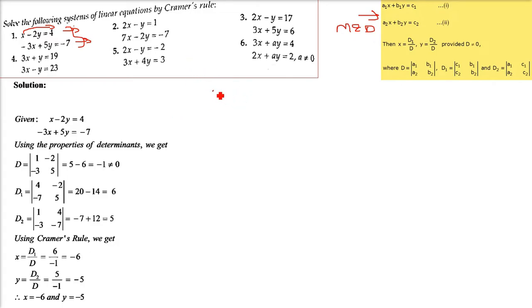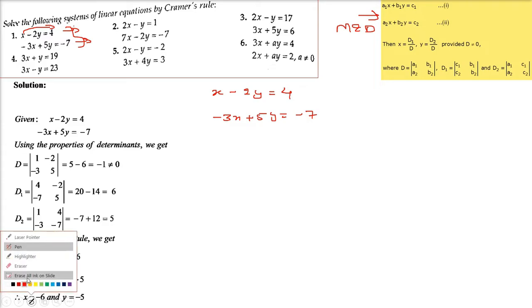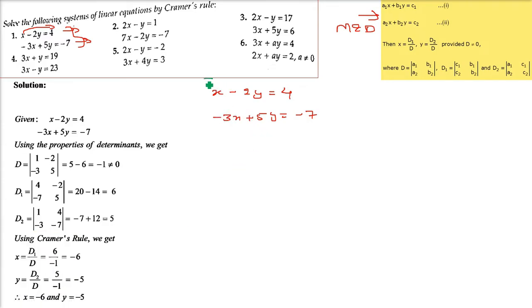So you have x minus 2y equals 4. I am telling you the first one. The second equation is minus 3x plus 5y equals 7. Now, let us compare with the normal linear equations: a1x plus b1y equals c1, and a2x plus b2y equals c2.